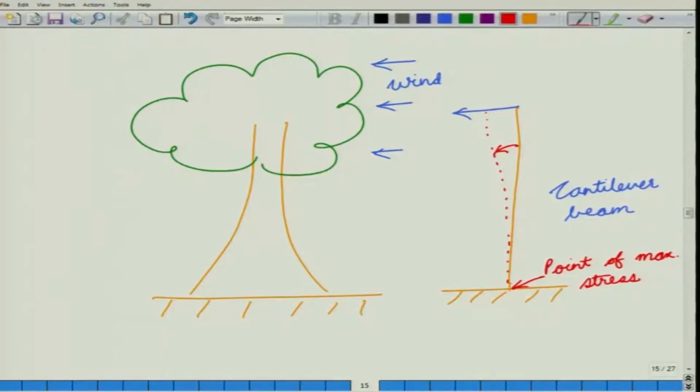So, if this tree did not have sufficient resistance here, it would snap at this point and maybe it will fall down. So, a tree needs to reinforce this point by adding more materials.